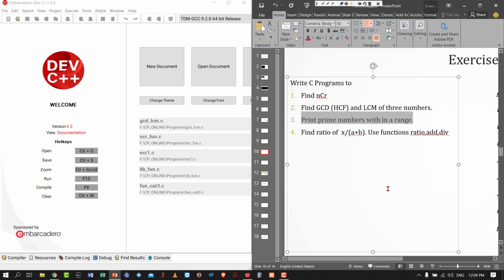For example, if I give 1 and 10, it will print 2 because 2 is prime, 3, 5, 7. 8, 9, 10 will not be printed because those are non-prime numbers. So it will print 2, 3, 5, 7. The two inputs will be the lower limit and upper limit. I hope you understood the problem.